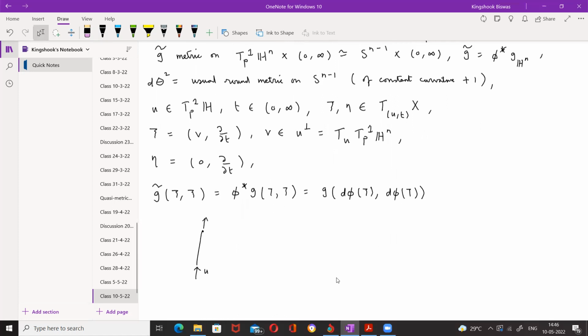This is gamma prime. This is gamma t. And I'm taking a tangent vector to u. This is v. So then I'm looking at basically this point here.